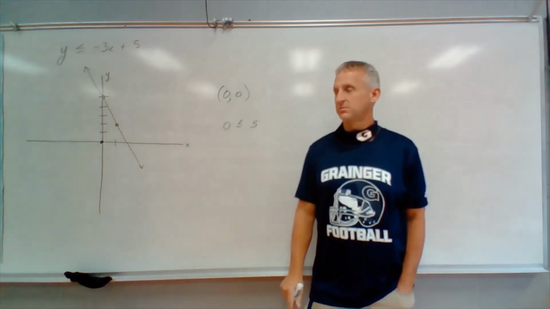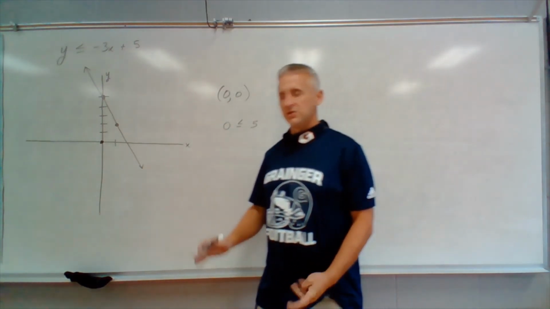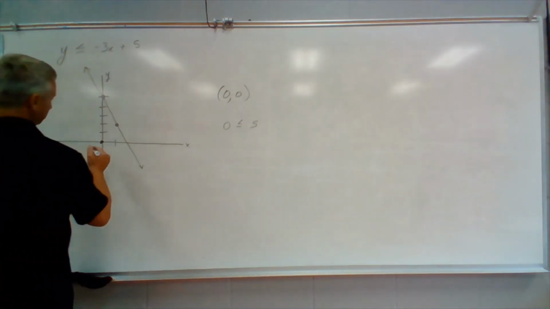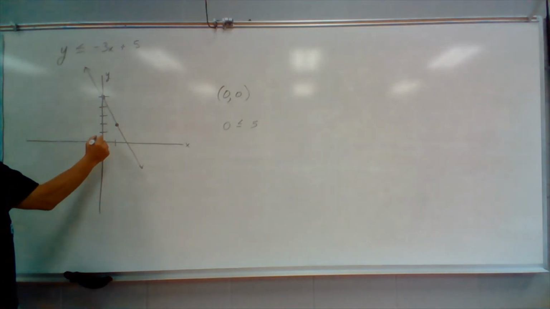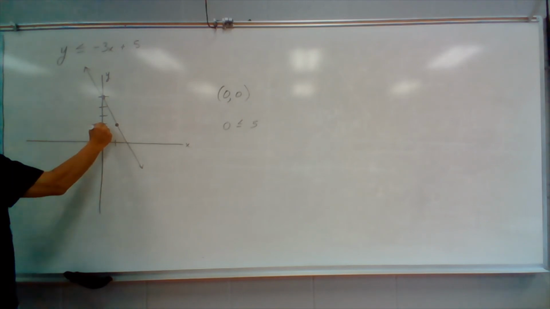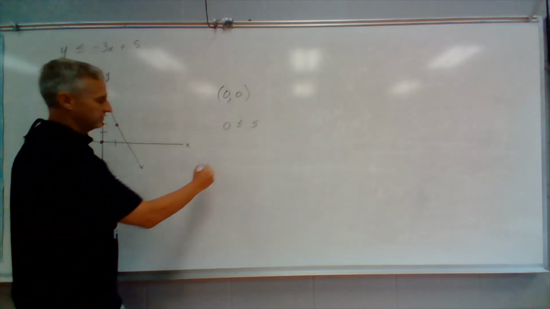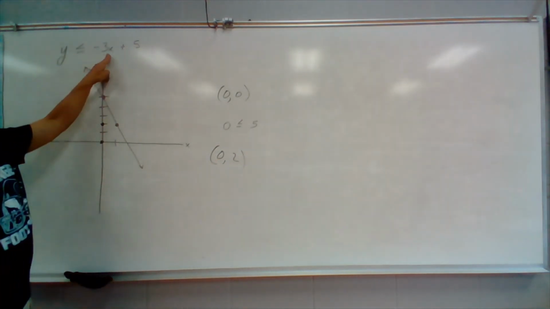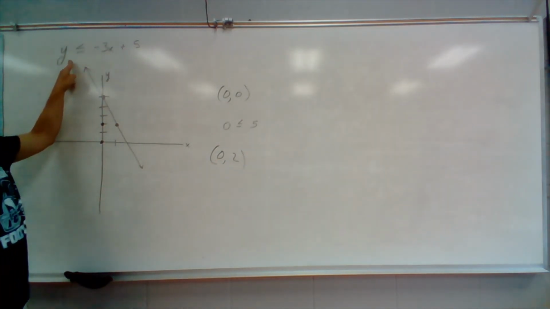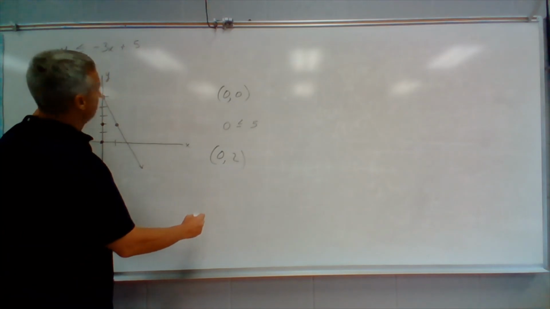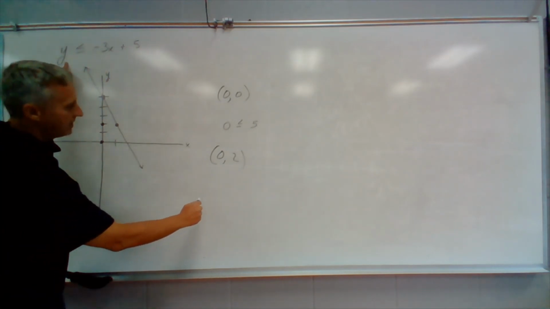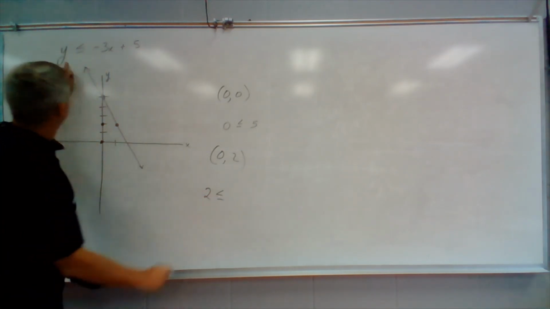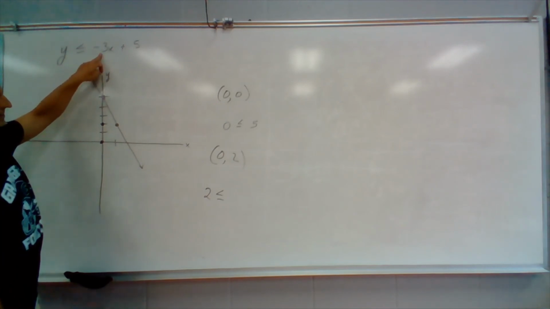Let's try another point. Let's do the point 0, 2. If I put in a 0 for the x and a 2 for the y, is 2 less than or equal to negative 3 times 0 plus 5, which is 5? 2 is less than 5.